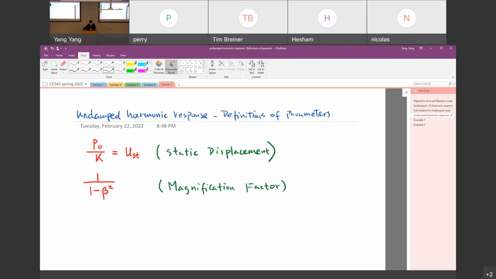That's it, simple. And this is used to evaluate the dynamic amplification factor. This represents amplification.